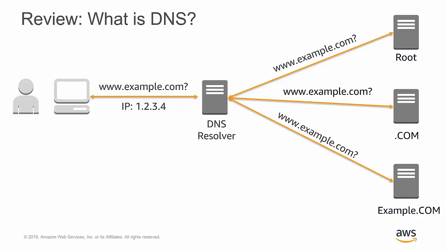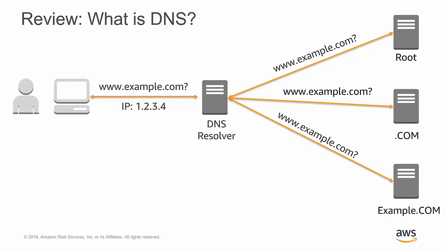The DNS resolver will take that address and then ask the name server, okay, .com, do you have the full name www.example.com? And so this will repeat. The com server will say, no, I don't have that full name, but I do know where example.com is located. So it'll give that answer back to the resolver.